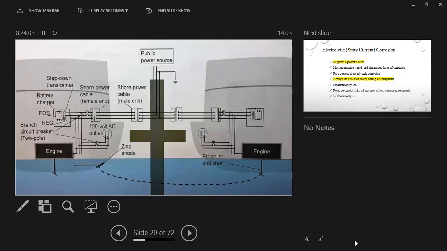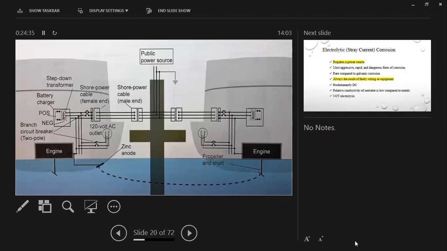And here's the electrolyte that these two boats are sitting in. Well, if you look at a shore power system, your bonding system is tied into your grounding conductor, correct, as most boats are supposed to be, or all boats are supposed to be. That grounding conductor follows your shore power cord to the dock, and it follows this other guy's shore power cord to his bonding system. He's got no zinc.